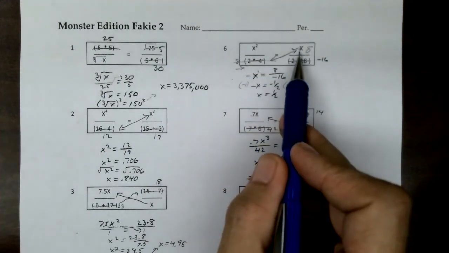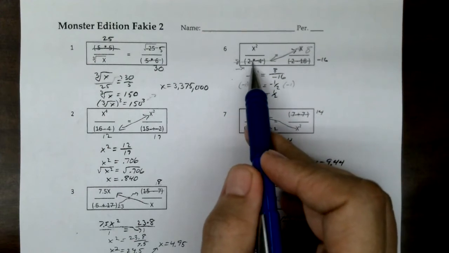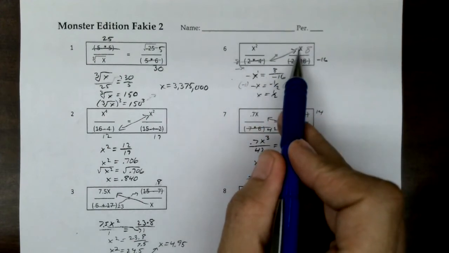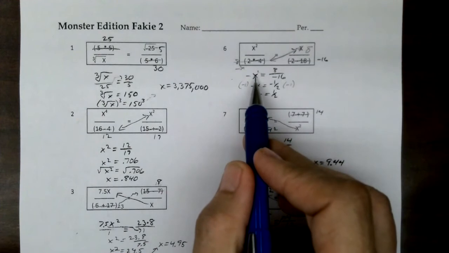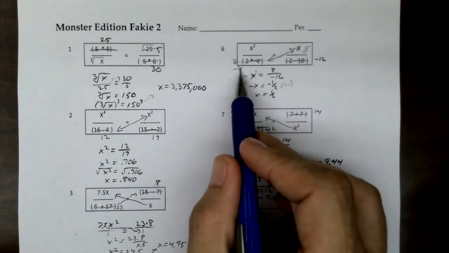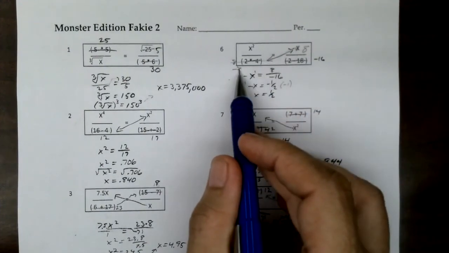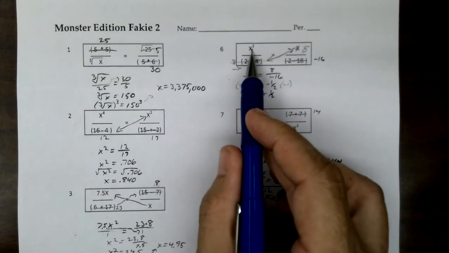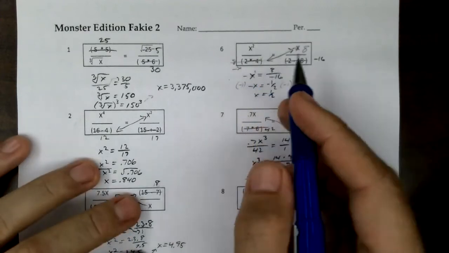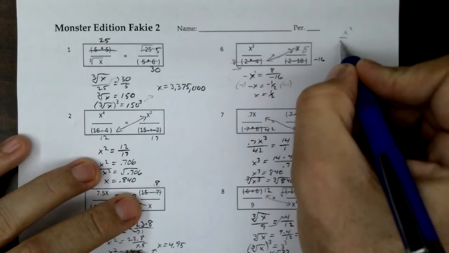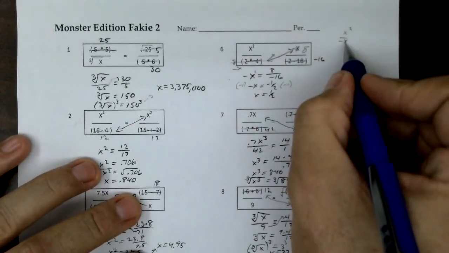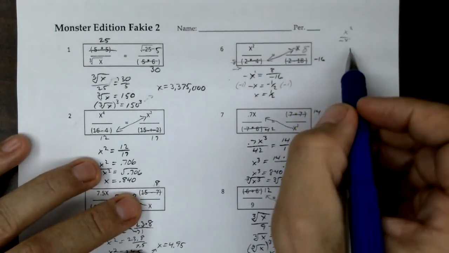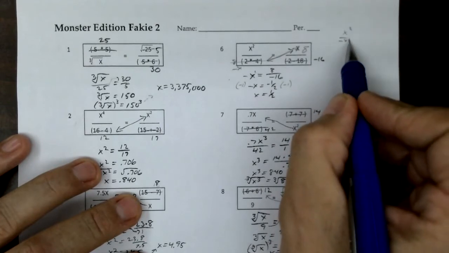So I'm going to swap the 8 here and the negative x here. And that's how I got this, because my negative x comes down here and it cancels out one of the x's here, because I had x squared over negative x to the first, right? And this 2 cancels out one of those.